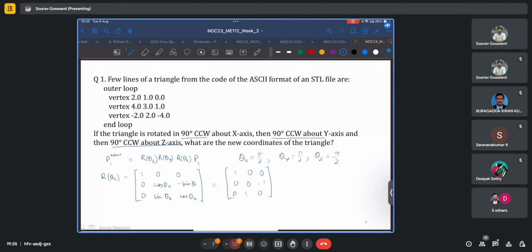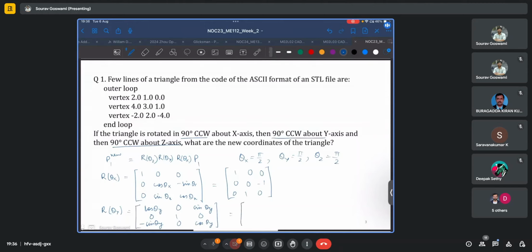Similarly, you may find R theta y, which is cos theta y 0 sine theta y, 0 1 0, and minus sine theta y 0 cos theta y.